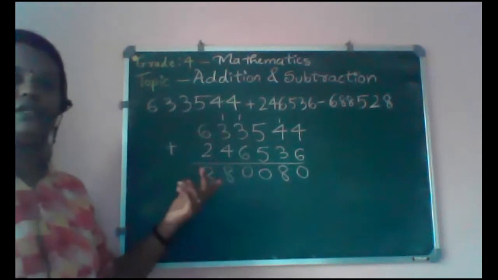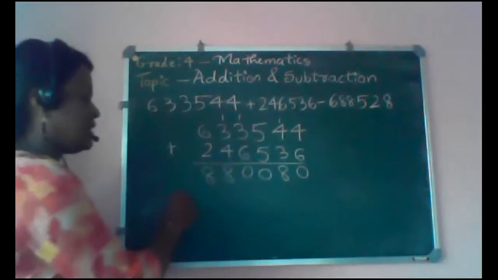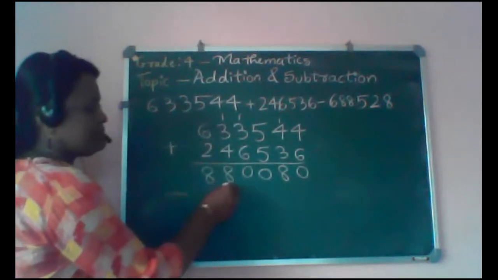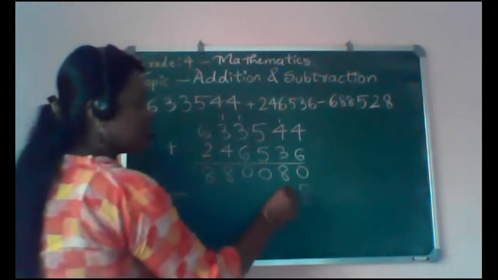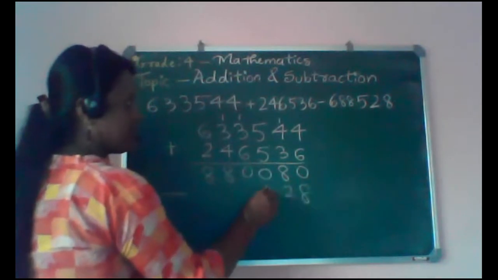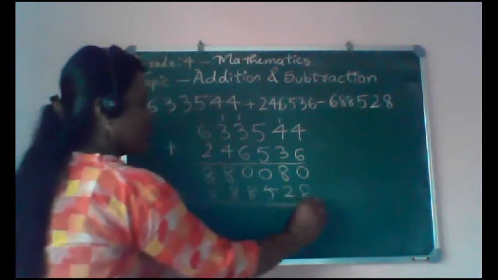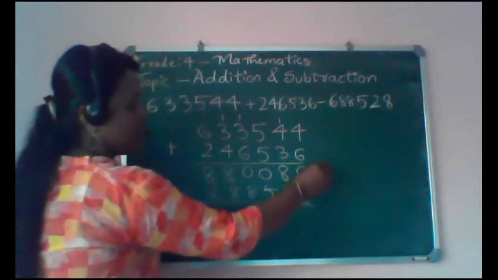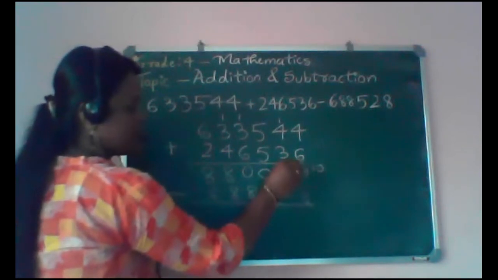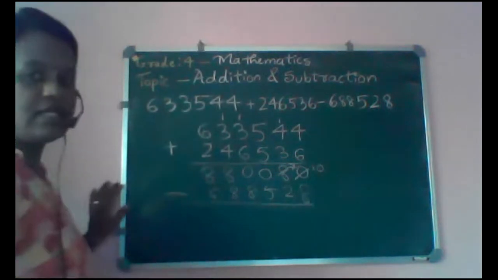Now further we need to subtract the following number, that is, we shall write from the last digits. So we know that 0 minus 8 is not possible, so I have to borrow from 8.